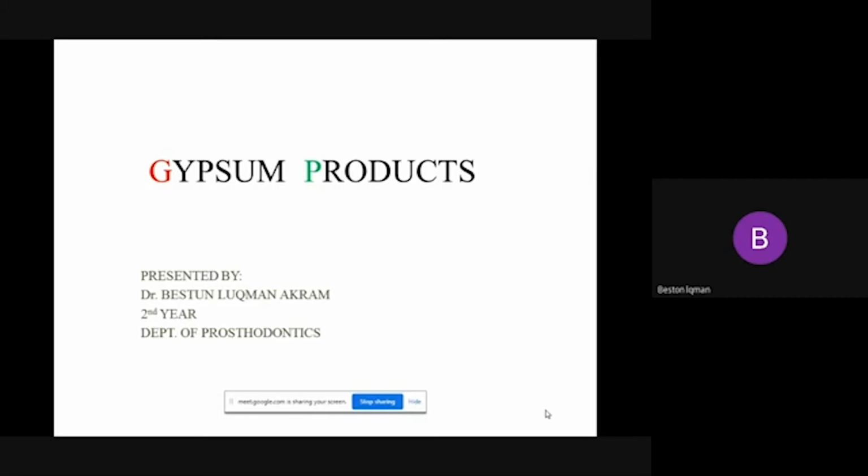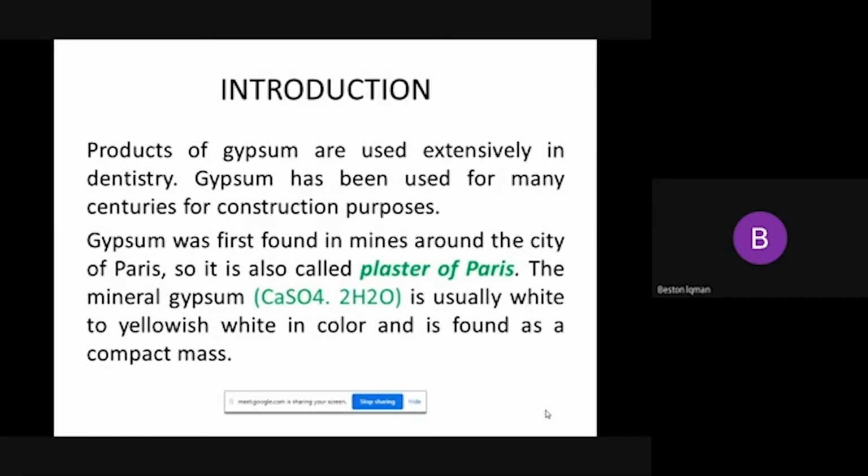Gypsum product. Definition, properties, uses in dentistry. As introduction, the gypsum is widely used in dentistry for many centuries for different purposes. It was first found in some of the mineral around near the city of Paris.